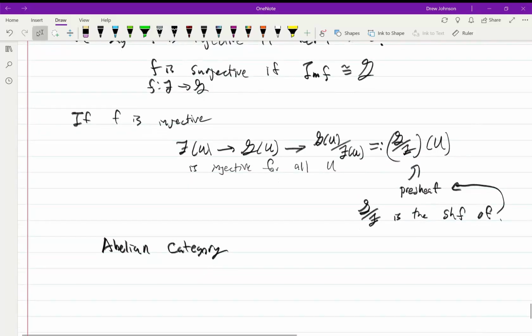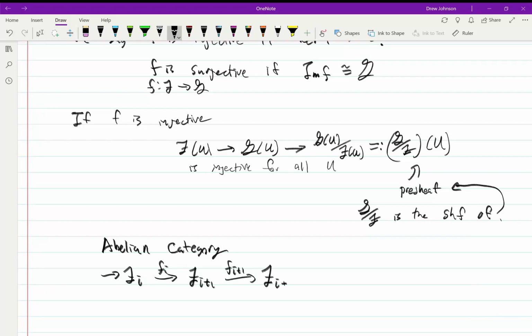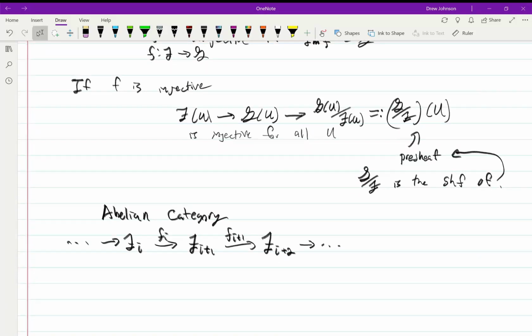So in particular, now we can talk about exact sequences. If you have a sequence of sheaves F_i going like this, to F_{i+1}, to F_{i+2}, continuing, maybe it ends somewhere, maybe it doesn't, this is called an exact sequence if the image of f_i is isomorphic to the kernel of f_{i+1}.